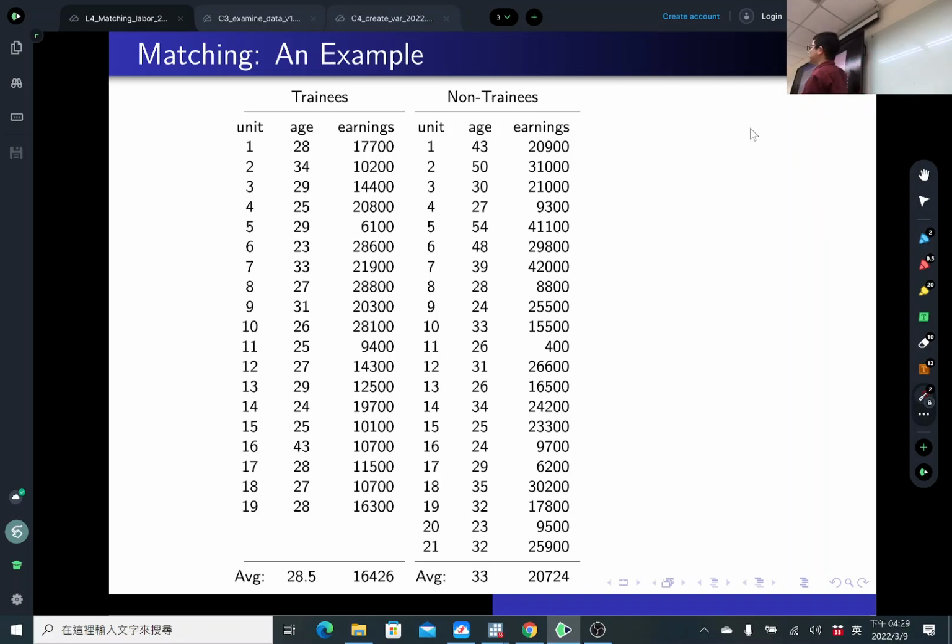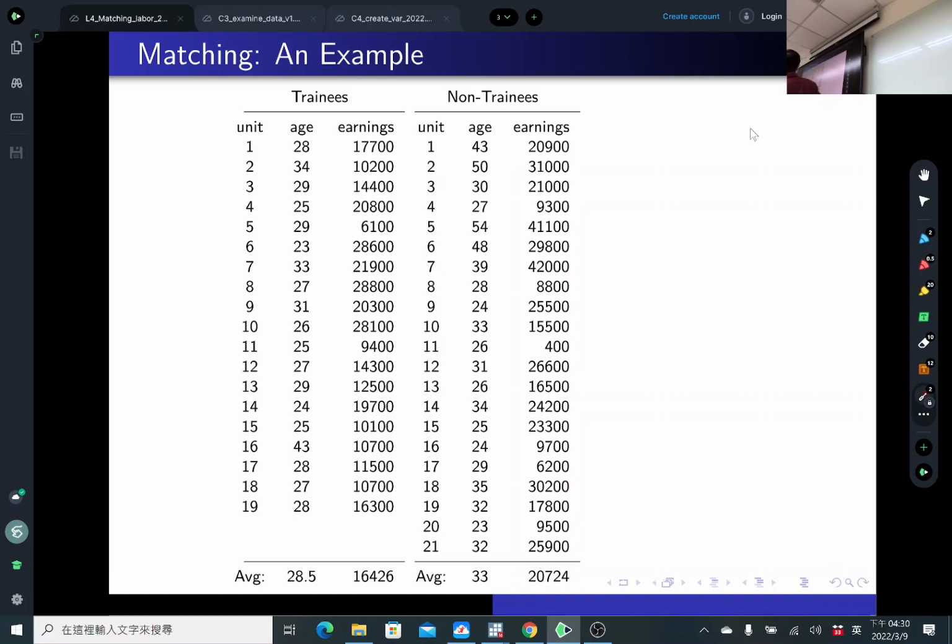That's why this method is called matching, because we choose some people from here to match the individuals in our treatment group. So for example, we want to find who can match with this unit 1, age 28. So it's not this guy, 43. The age is quite different.